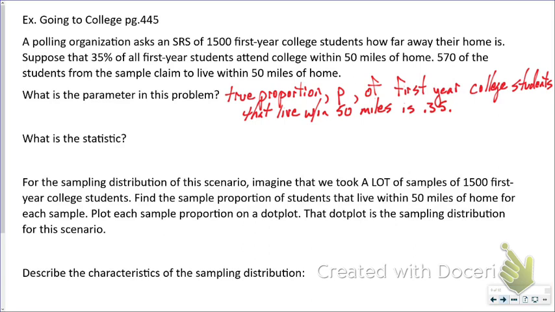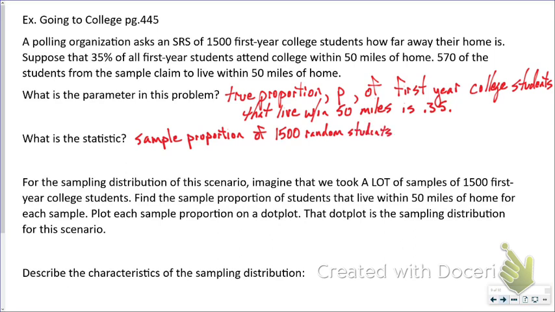The statistic is the sample proportion of 1,500 random students. And we already spelled it out.